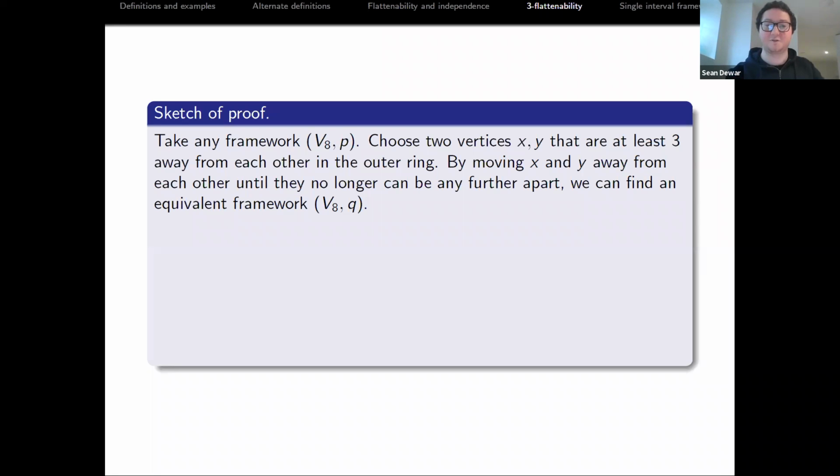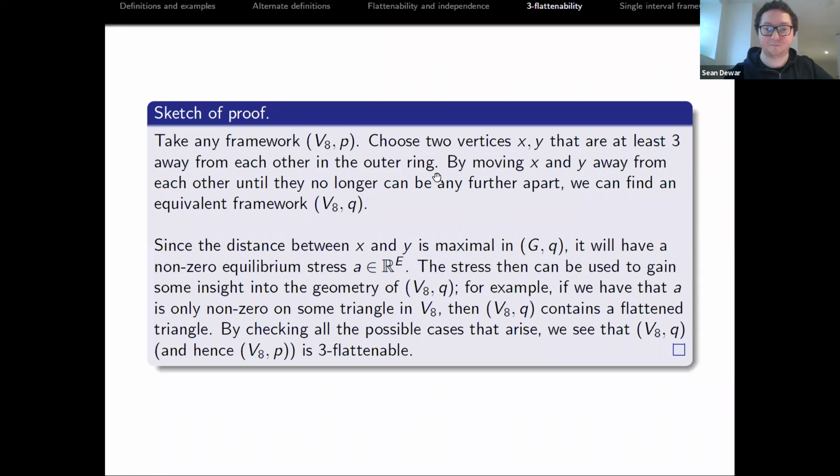Belk uses the idea of a strut. You put a strut between them, and you extend the strut as much as possible, so they're as far apart as they can possibly get. Since the distance between these two is maximal, there's a result that proves there is a non-equilibrium stress.